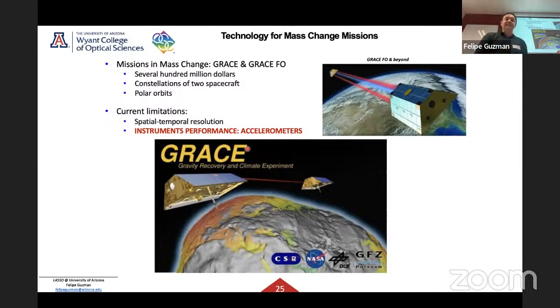And these devices have failed in both missions. Not completely. They still operate, and we can still get good signals from them, but they're operating suboptimally.